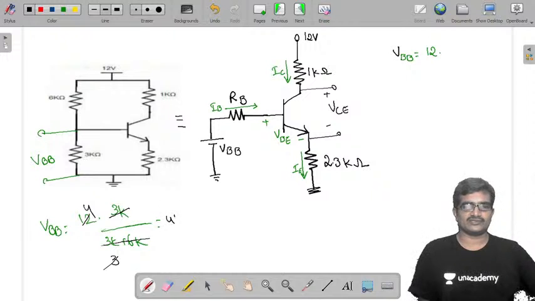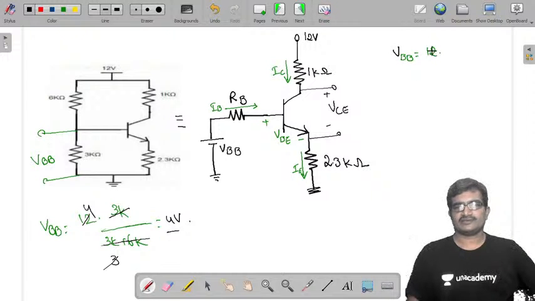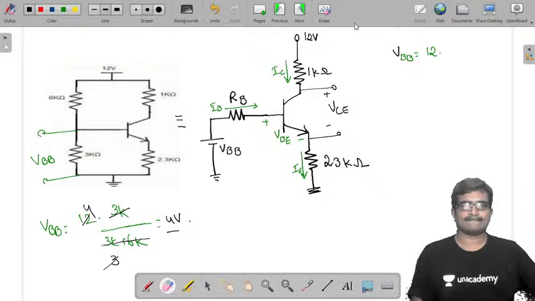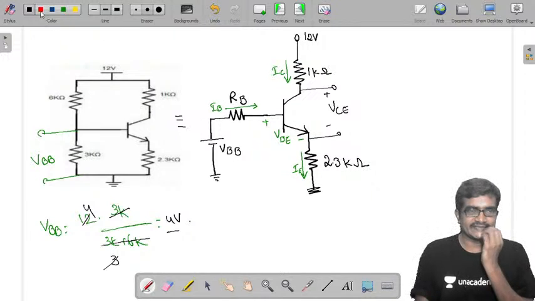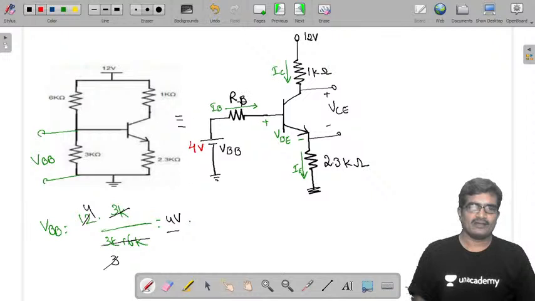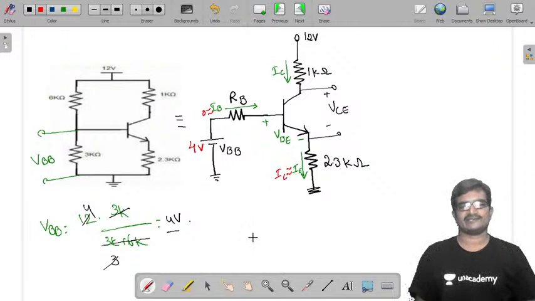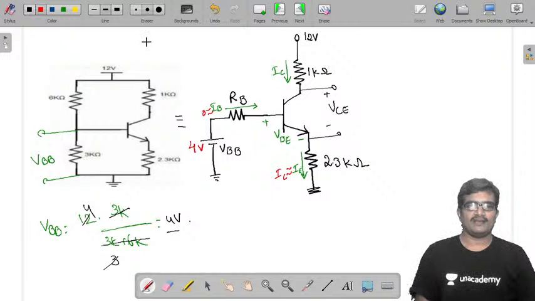So it is 4 volts. And IB you need to take approximately 0, and IE equals IC.